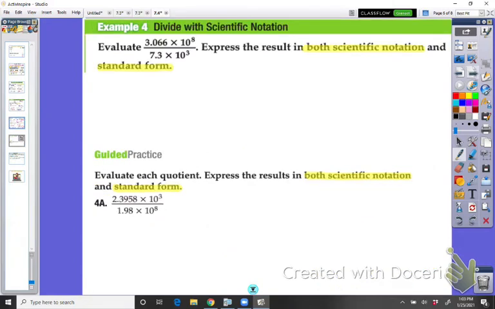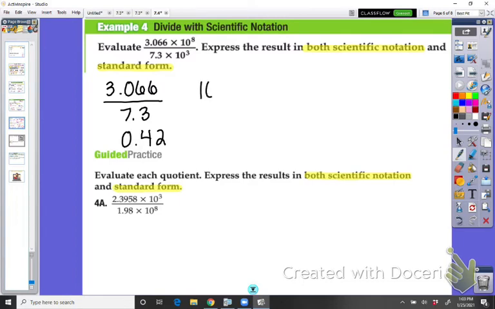All right, and lastly is dividing. So I'll show you by hand using some of the exponent rules and then again on the calculator. We want to look at the front decimal numbers, and if we divide them, we get 0.42.